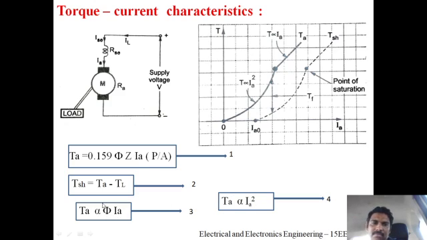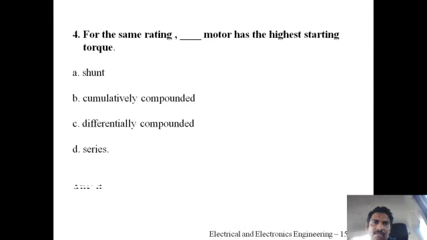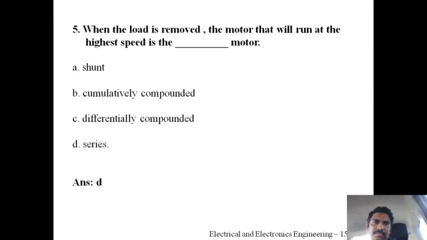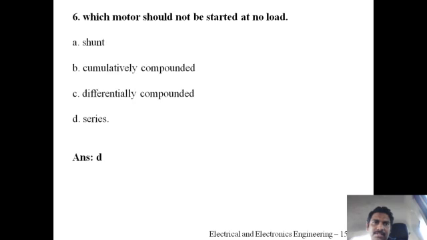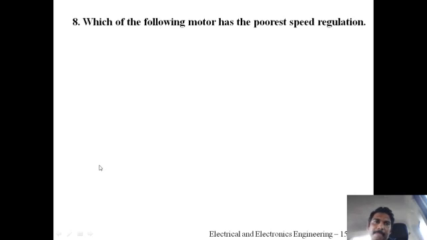Later on, we have replaced flux by Ia. From equation 3, what we can tell is that the armature torque of a DC series motor is directly proportional to field flux and also armature current. Okay, we can go for option C.